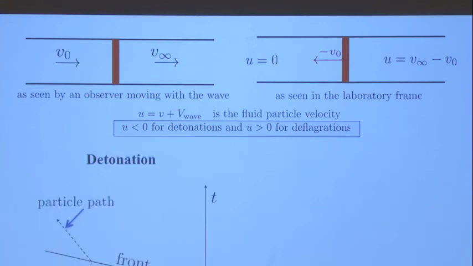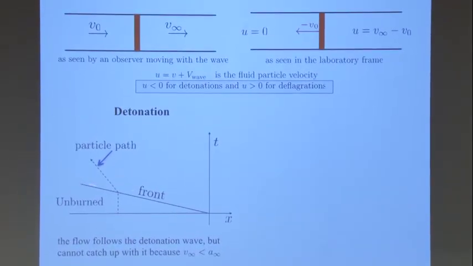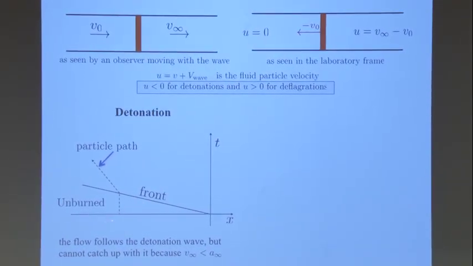What does this imply? Well, here is a picture of position as a function of time, and let's say this is the front, this is the wave front, okay? So let's say at time t equal to 0, you have a particle here which is far enough to the left. The wave didn't come to it yet, so it's at rest. It's not moving, okay?